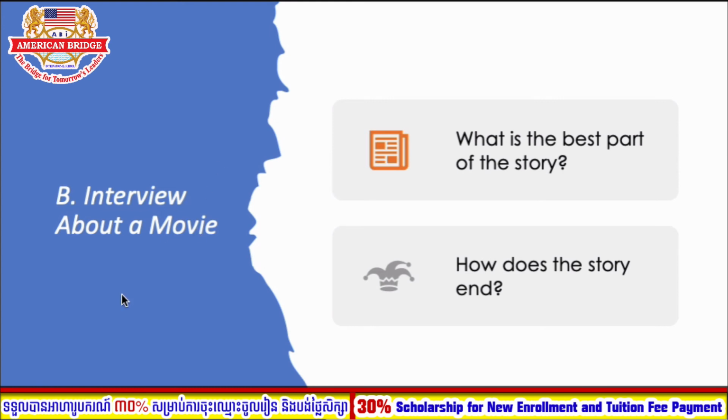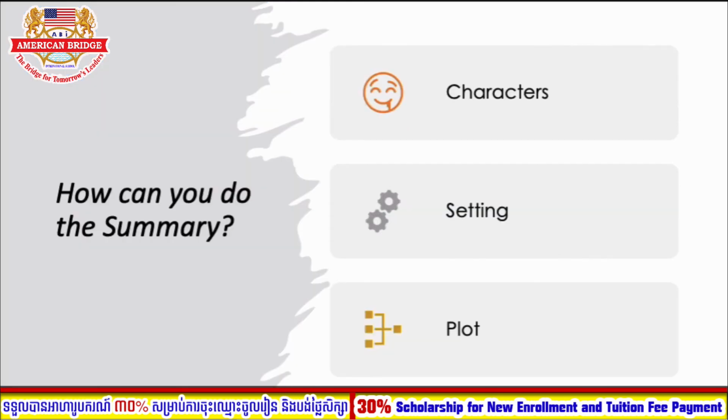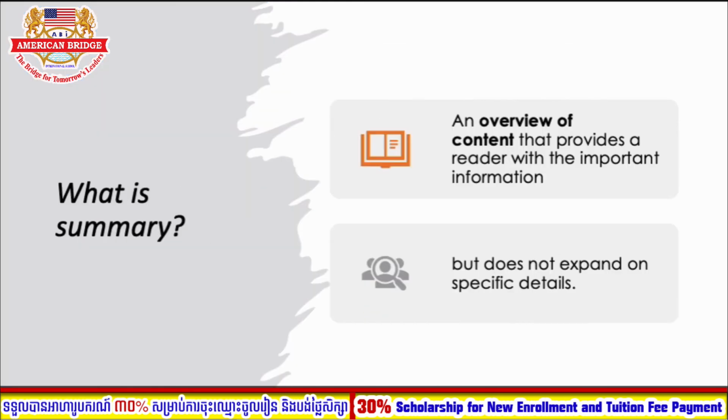So again, to recap what we have learned so far, today you learned about summaries, and the definition or the general meaning of a summary is an overview of the contents or an overview of the movie.